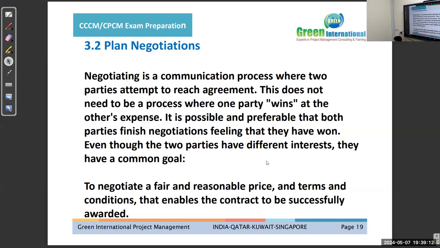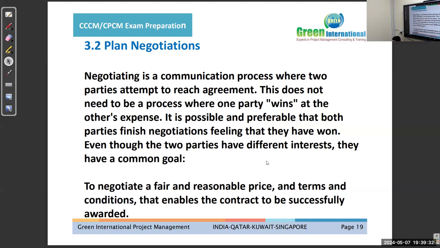So in negotiation, we must understand the other company sitting on the table, the other person, they are also in a company doing business. We must understand that they have certain marginal profits, and that profit ratio we have to respect.